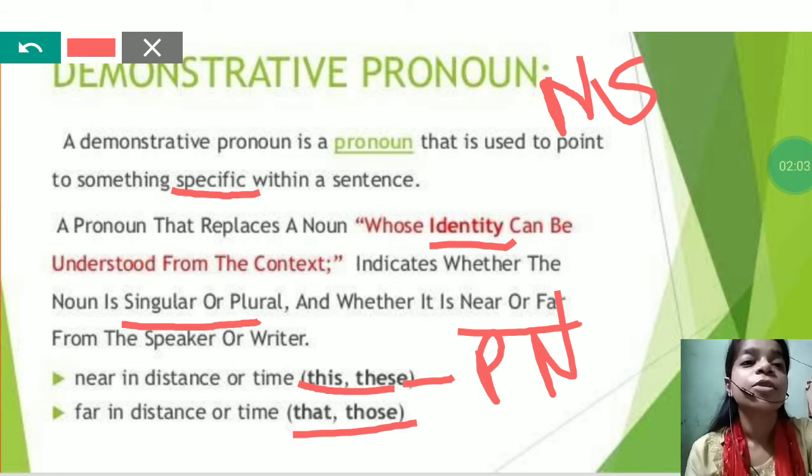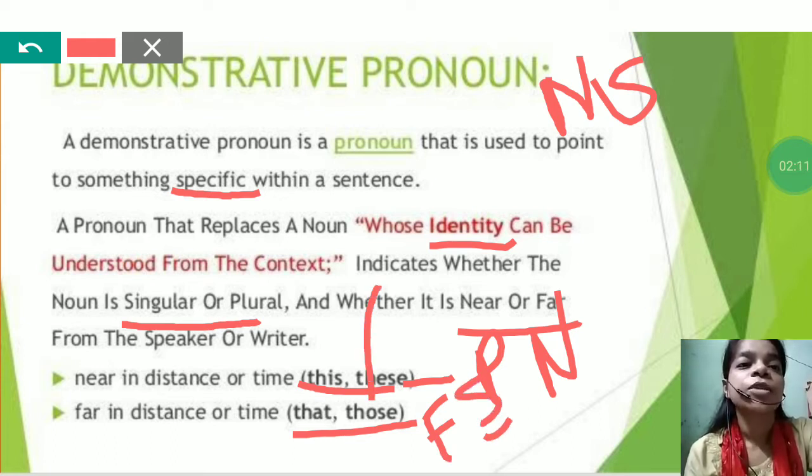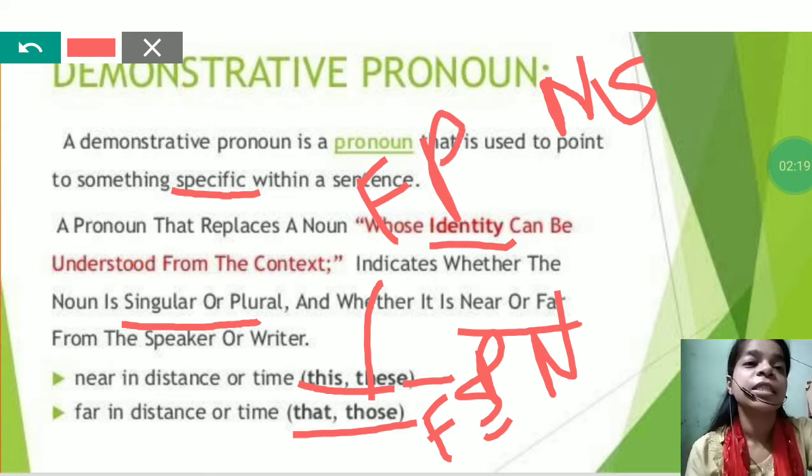That is used for the objects which are far away but singular, and those is used for the objects which are far away but plural. So on two bases these 4 have been categorized.